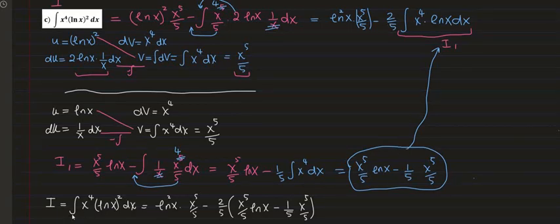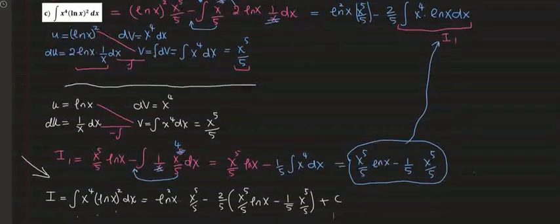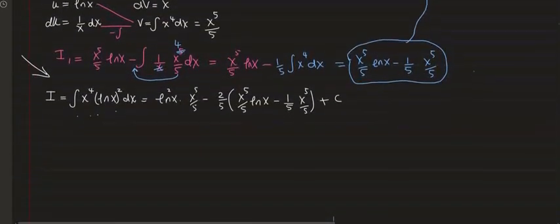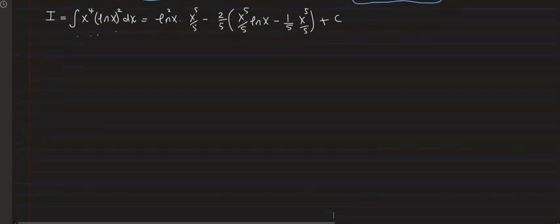So the integration of x to the power of 4 ln x to the power of 2, which is the original function, is equal to the first part that we achieved minus 2 over 5 and open bracket, in order not to mess up with the signs, and finally plus c because it's the indefinite integral. It's a bit long and it includes a spiral of by parts, but it's very simple.